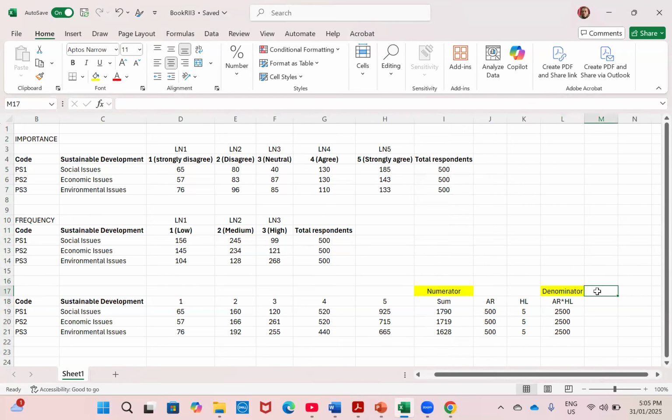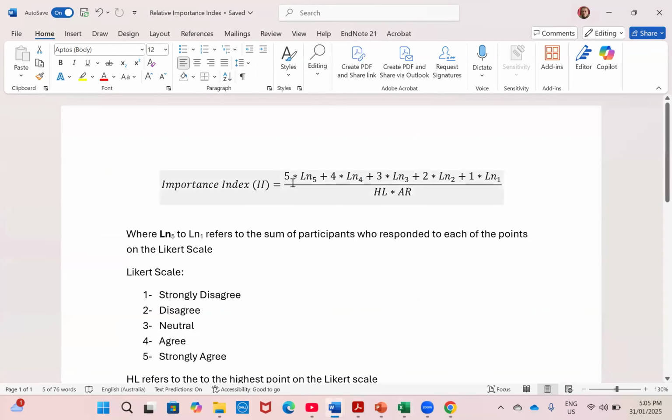So, in simple terms, for us to get the importance index, which I'll put as II, and just put it there. To get our importance index, the formula says that we have to just divide the total numerator, the one at the top, by the one below the line.